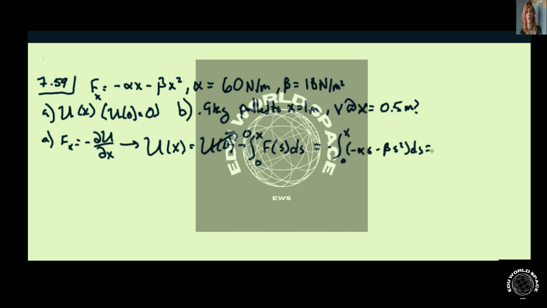This is equal to 1/2 alpha x squared, which you would expect because it does have the linear behavior of a spring that's then modified with the quadratic behavior. And then we have a 1/3 beta x cubed now in addition to that.